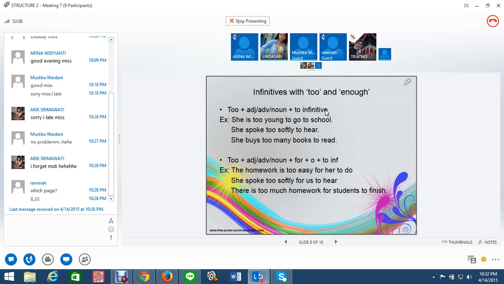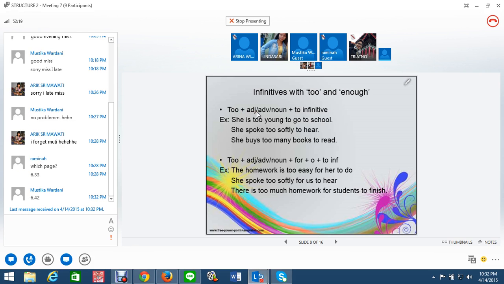Please see the slide. Too plus adjective, adverb, or noun, plus to infinitive. The example is, she is too young to go to school. So too plus adjective. Young is an adjective, right?